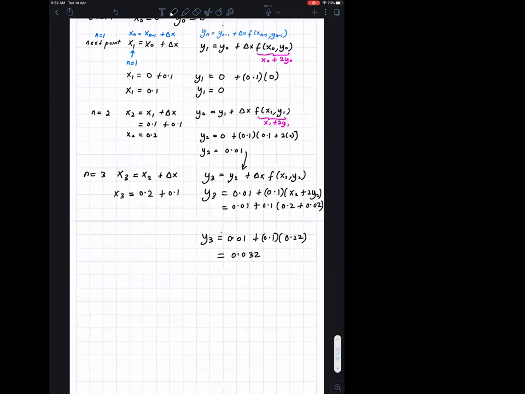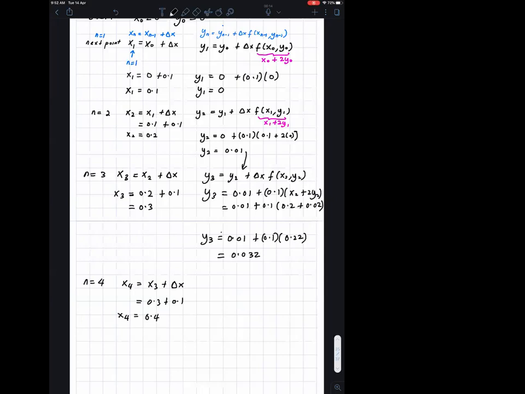So the last one, that's it. When n equals 4, the next one, X4 is going to be X3 plus delta X. X3 was calculated as how much? 0.3. 0.3 plus 0.1, X4 is 0.4.